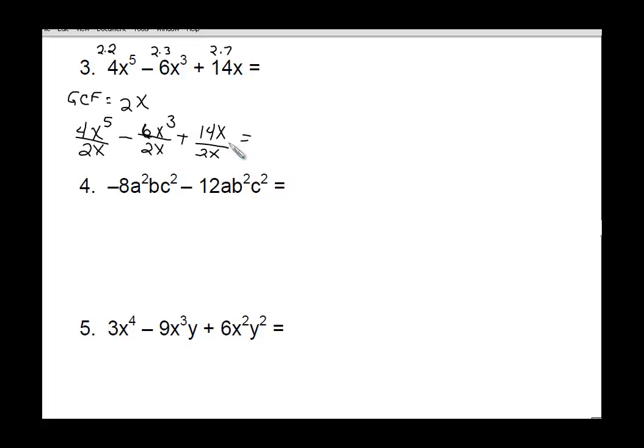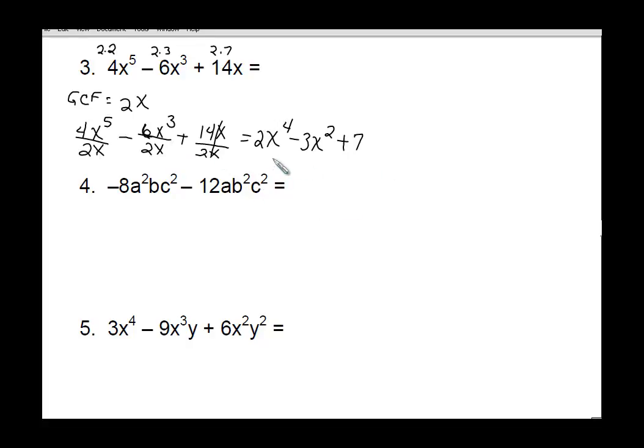Now when we actually perform the operation, 4 divided by 2 is 2. x to the 5th over x, 5 minus 1 would be x to the 4th. Minus 6 divided by 2 is 3. x to the 3 minus 1 is x squared. Plus 14 divided by 2 is 7. And my x over x becomes 1.